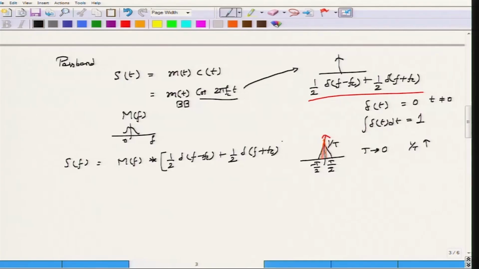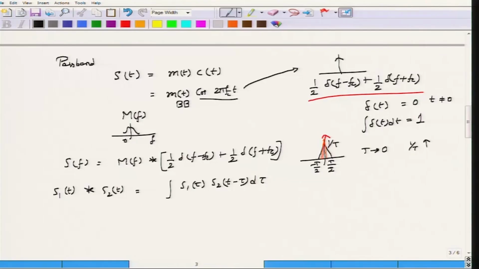You might be wondering what this convolution is. The convolution operation is defined in this manner. If I have two signals S1 of t and S2 of t, the convolution of S1 and S2 of t is denoted by this star and evaluated as the integral of S1 of tau, S2 of t minus tau, d tau.